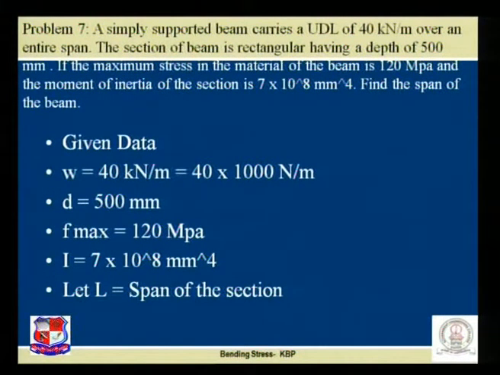If the maximum stress in the material of the beam is 120 megapascal, 120 Newton per mm square, and the moment of inertia of the given section is 7 into 10 raised to 8 millimeter raised to 4. Interesting point, the value of I has been given to us. Find out the span of the beam.